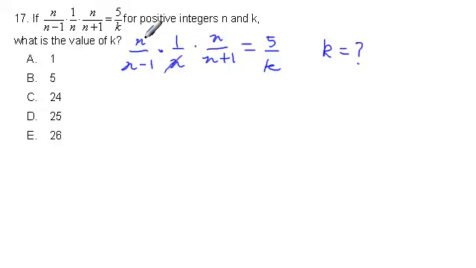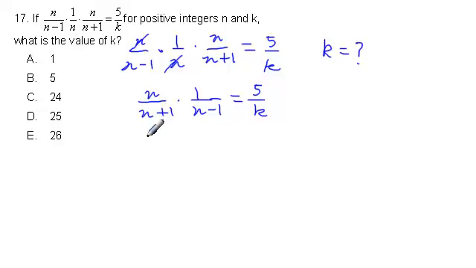This n divided by n gives me 1, and so I get n over n plus 1 times 1 over n minus 1, and that is equal to 5 over k.